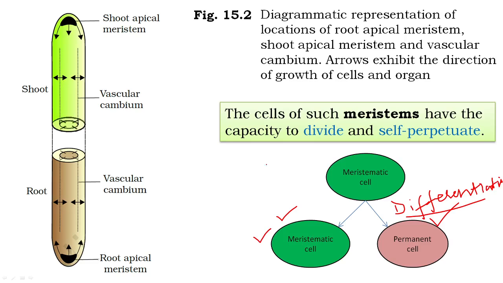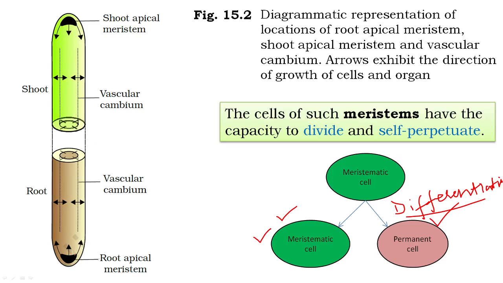So meristematic cells divide and become permanent cells, and permanent cells are added, so the plant grows. So this growth can happen in two directions.